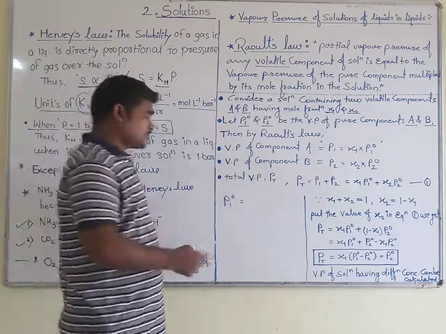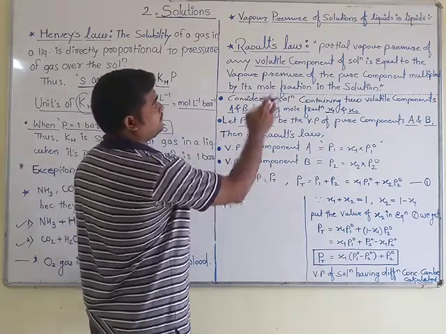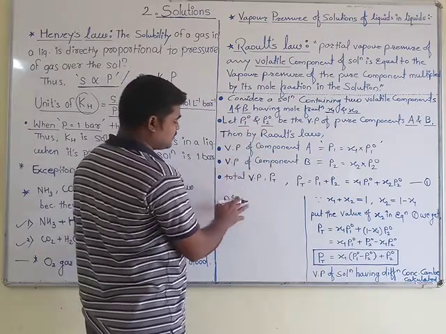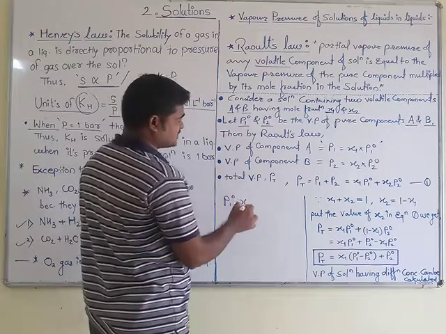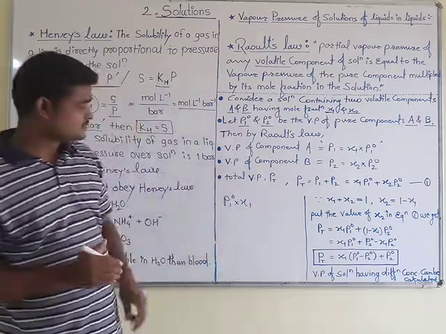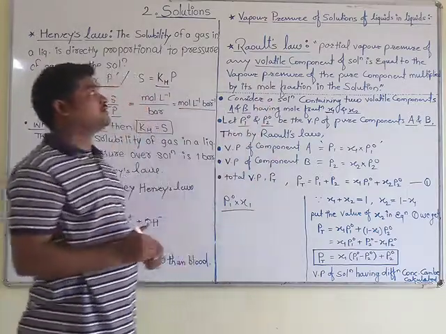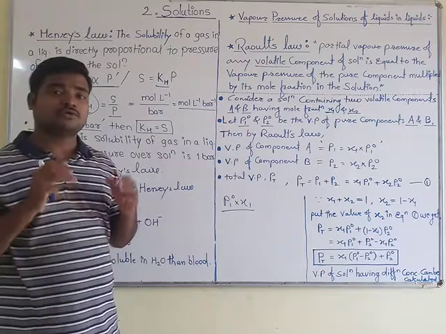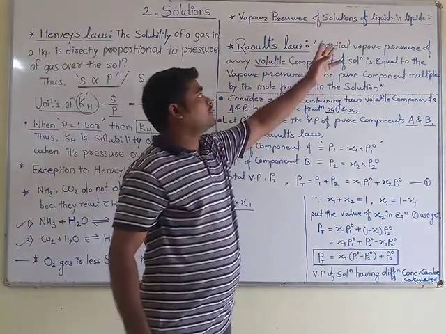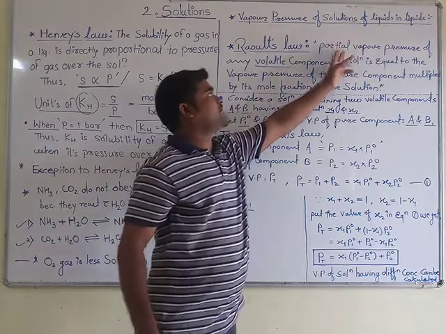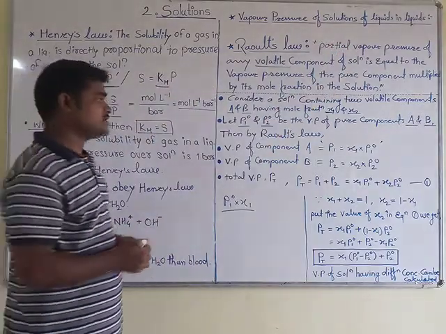So this is nothing but the vapor pressure of the pure component multiplied by the mole fraction, that is x1. This product is explained by this Raoult's law statement. Here, what they have stated is: partial vapor pressure of any volatile component.